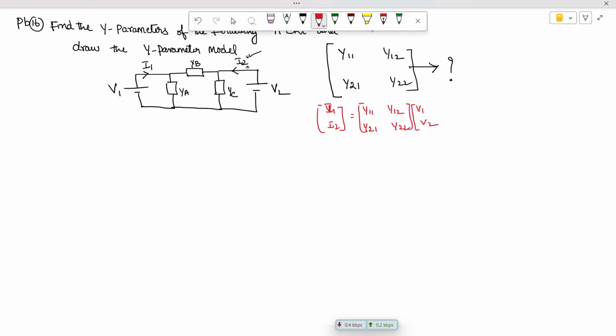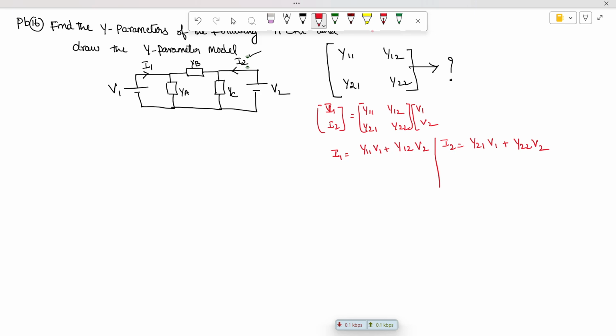So the equations we are going to have are: I1 is equal to y11 V1 plus y12 V2 is one equation. The second equation is I2 is equal to y21 V1 plus y22 V2. These are the two current equations.